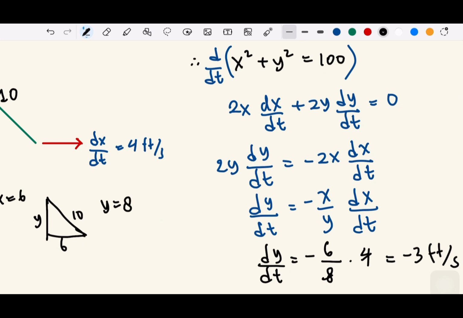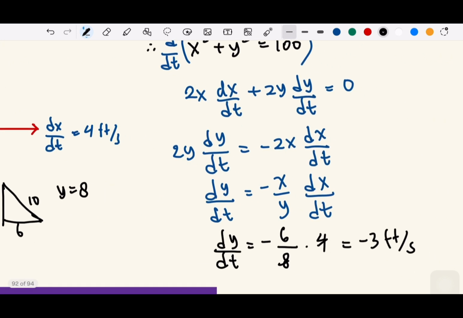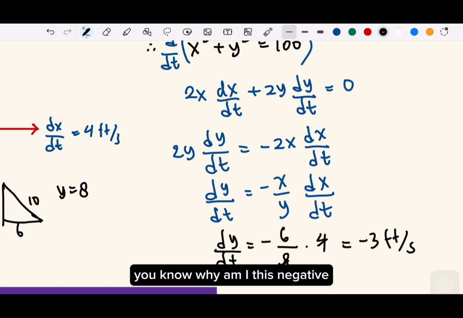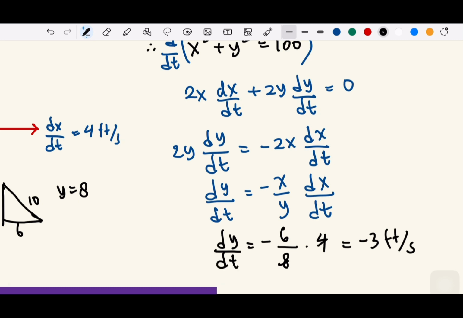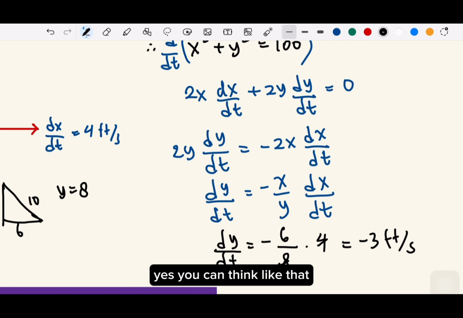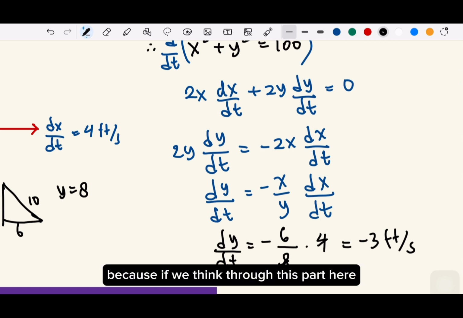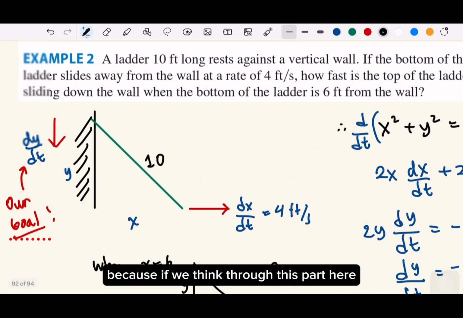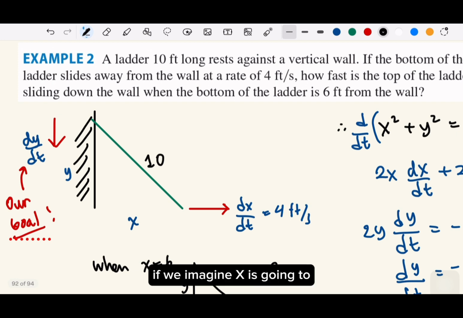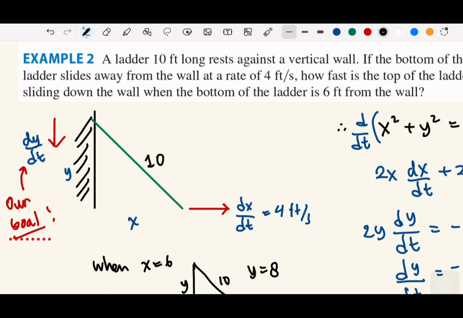So this negative, do you know why this is negative? Yes, you can think like that. Because if we think through this part here, if we imagine x is getting some additional length, y is decreasing.